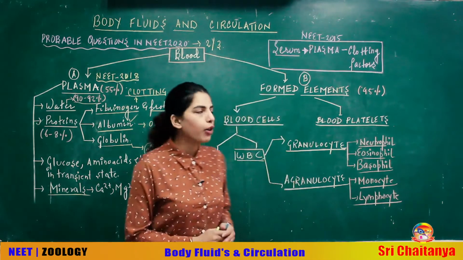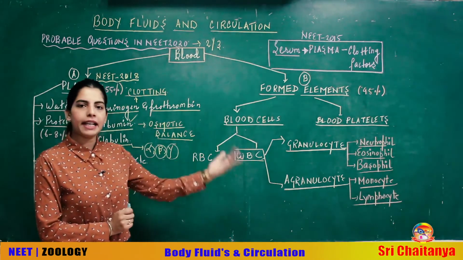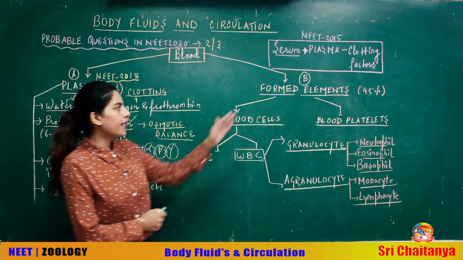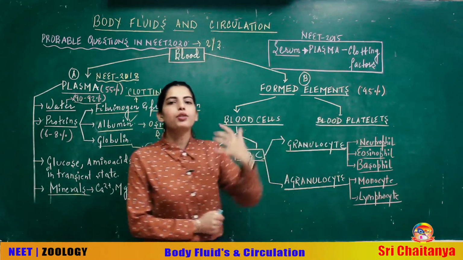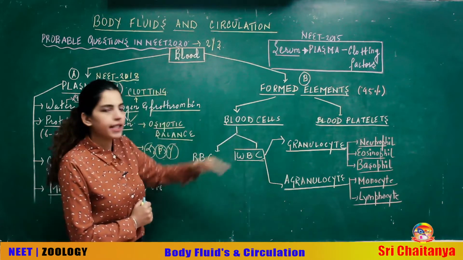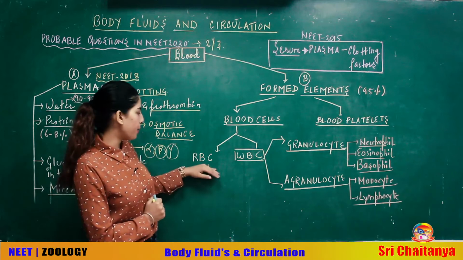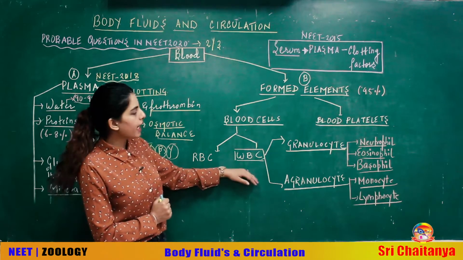Now talking about the formed elements, which we will be taking up in the next part in detail, it has got 2 parts: blood cells and blood platelets. You know very well the blood platelets help in blood clotting, and blood cells are of 2 types, the RBCs, red blood cells, and the WBCs, white blood cells.